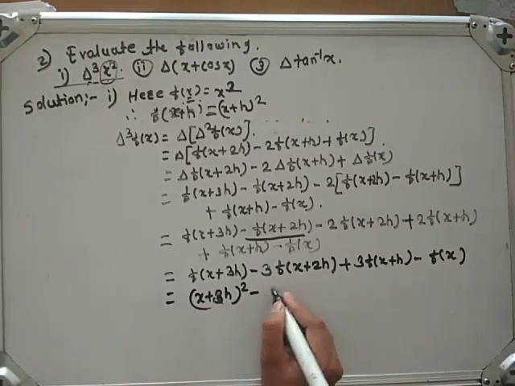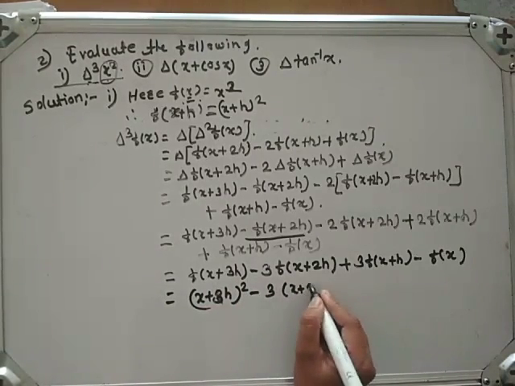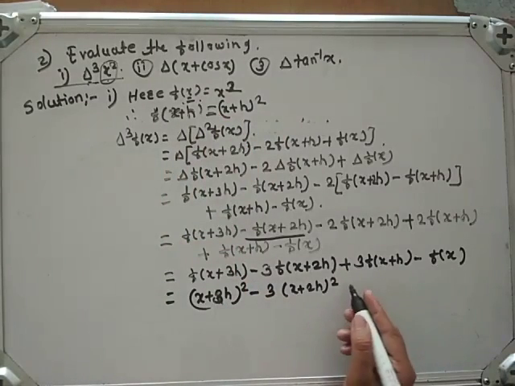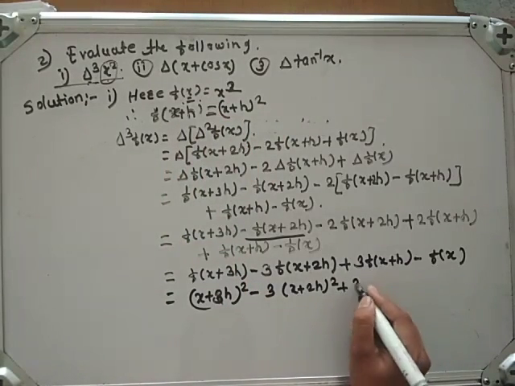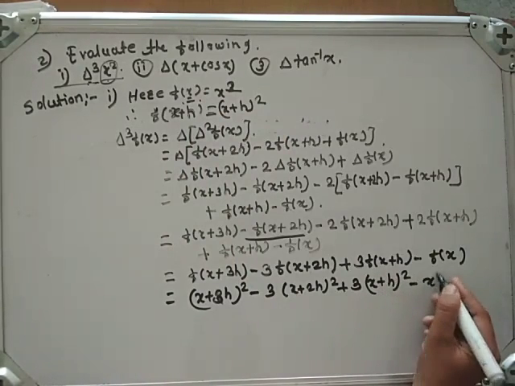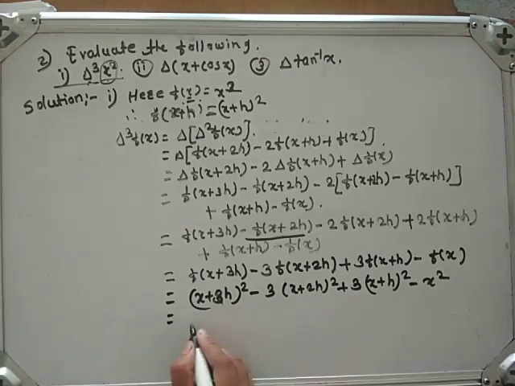Here we get x plus 3h square minus 3 into x plus 2h square, because our function f of x is equal to x square, plus 3 into x plus h square minus x square.